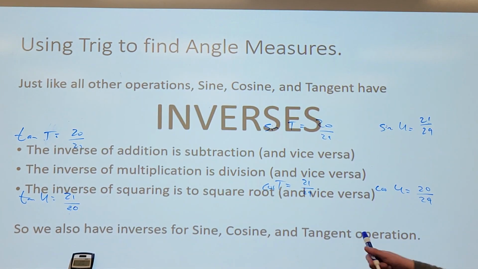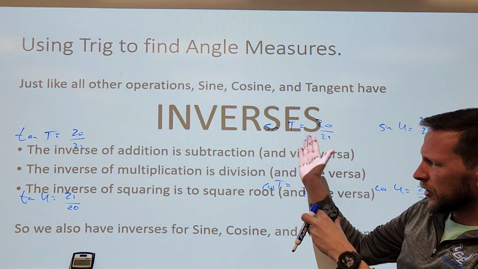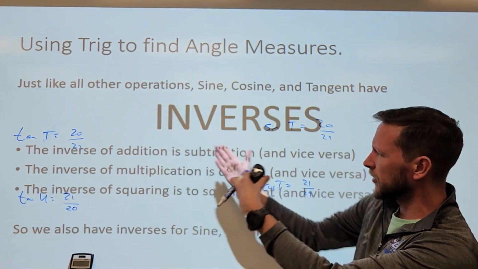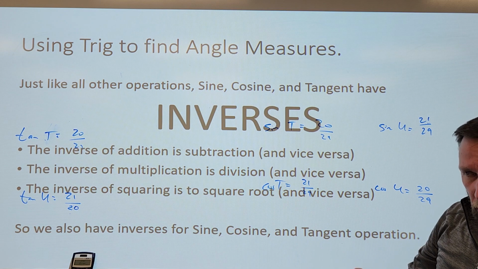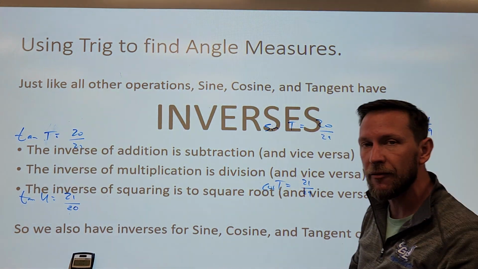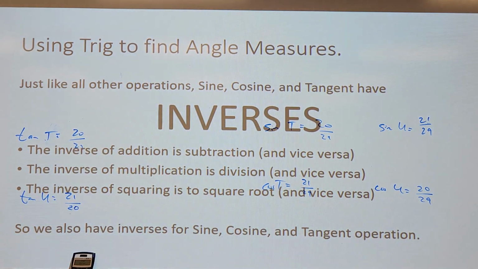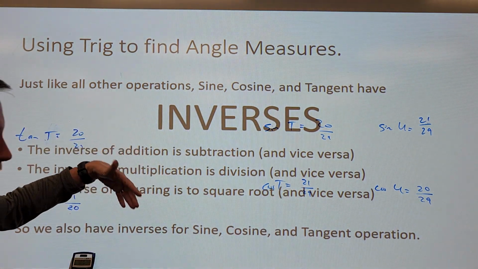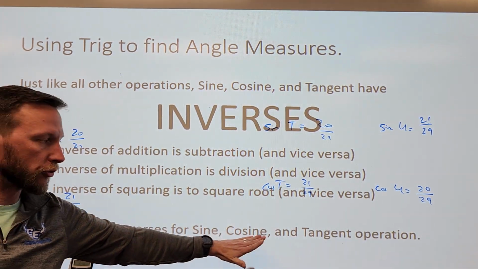Just like we have inverses for addition, we get subtraction, or vice versa. The inverse of subtraction is addition. The inverse of division is multiplication, and vice versa. The inverse of squaring is square rooting, and vice versa. Cubing is cube rooting, etc. We have all these inverse operations that we know from all of the arithmetic operations that we've learned over the years. So we also have inverses for sine, for cosine, and for tangent.